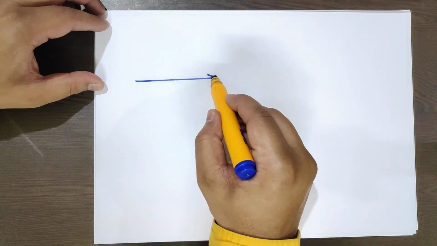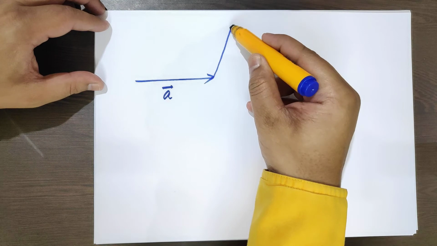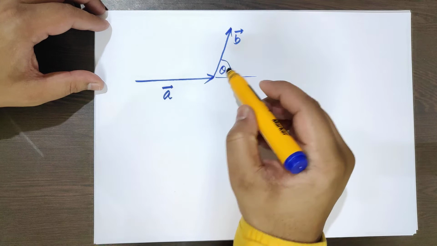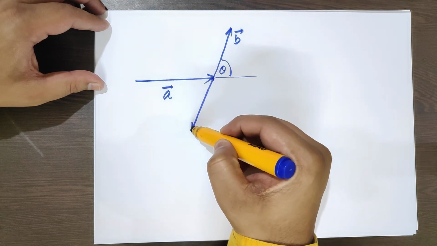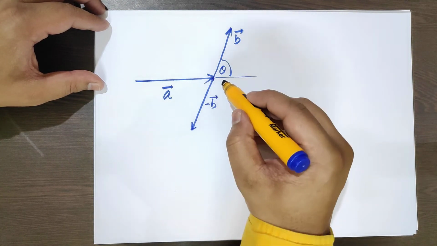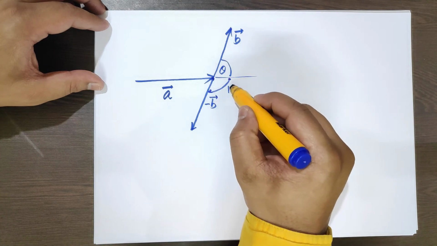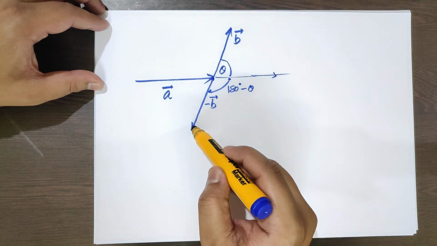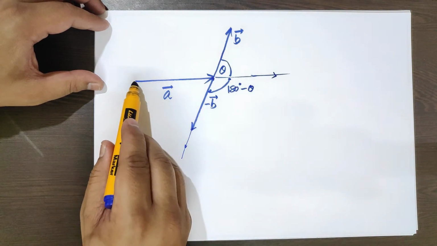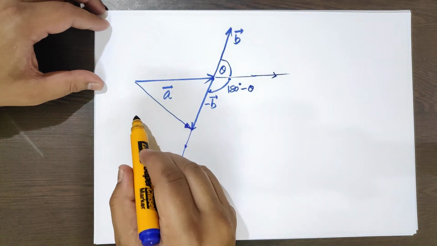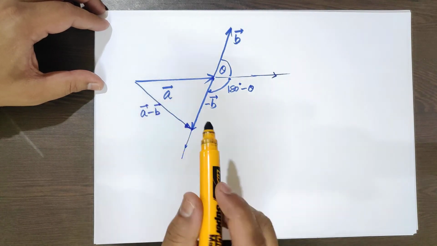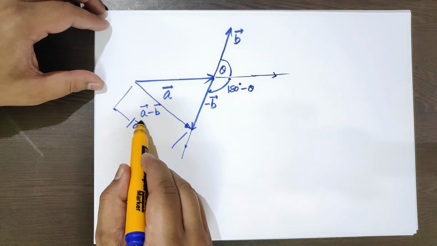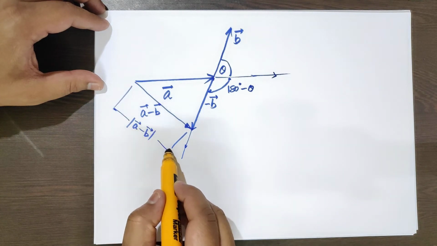So that's A and B. If I draw here, wherever it is, you can shift it parallelly and draw. This angle is theta. Now I will draw minus B here, and this angle will be 180 degrees minus theta. So the angle between the direction of A and the direction of minus B is 180 minus theta. This is vector A minus B, and its length is mod of A minus B.